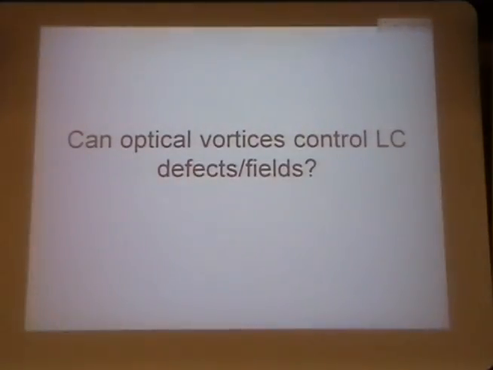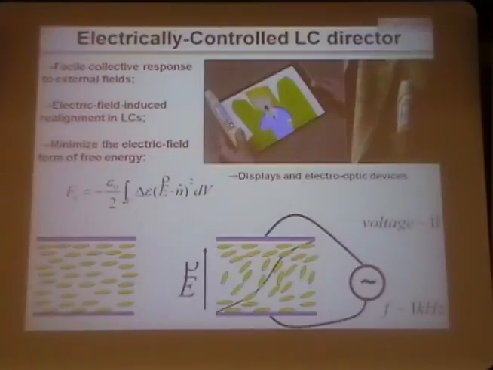Now the question I want to ask is, can optical vortices control liquid crystal defects, and if so, can we then use them to generate periodic lattices of such defects and use them for different kinds of applications?